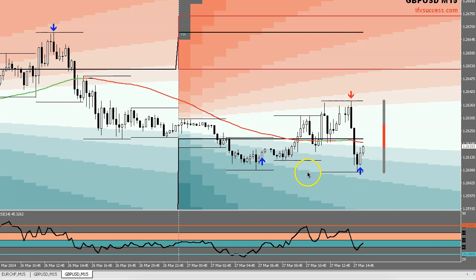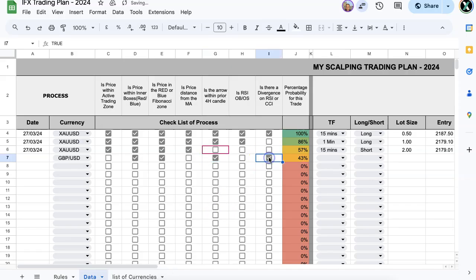So we do have a little bit of divergence, which is not noticeable, but if you compare this low, the RSI went higher, and then in here price went lower. So we do have divergence, okay? So in here we would just say yes, divergence.